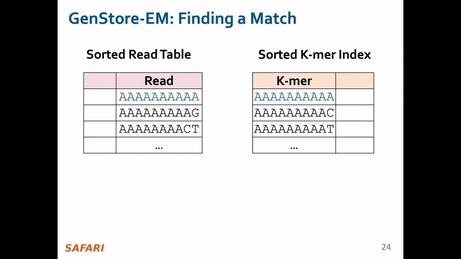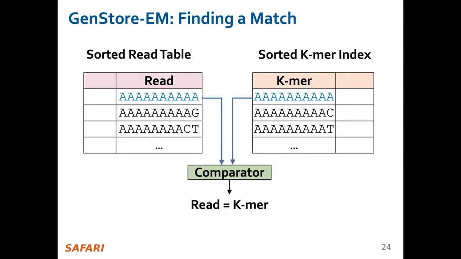So we sequentially scan through these data structures in 3 different ways based on the comparison result of the current read and k-mer. First, when the current read and k-mer are identical, we detect that the read is an exact match and can be filtered from further read mapping analysis. By filter here, we do not mean neglect or throw out.